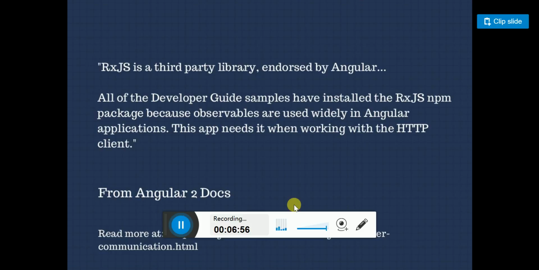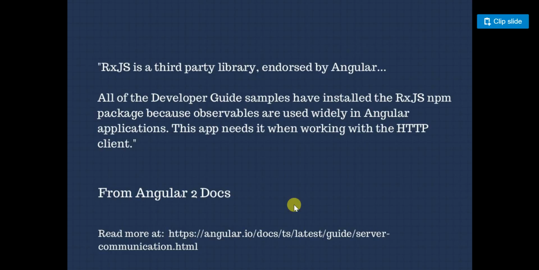All right, so that's a little bit about that. And now we can get straight into what RxJS is. This is straight from the Angular 2 docs, so we know that it's authoritative, and it's good form in terms of study to follow along with what the guys at Angular 2 are saying we should be focusing on. They write: RxJS is a third-party library endorsed by Angular.